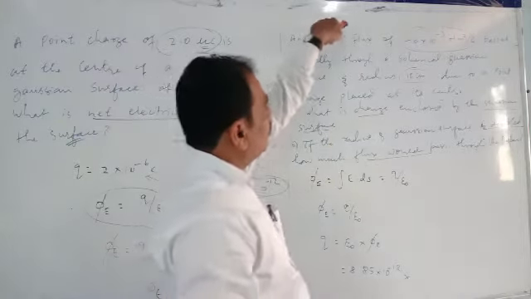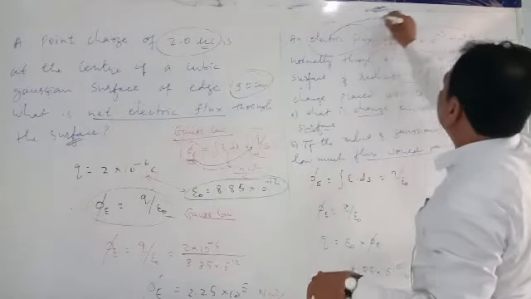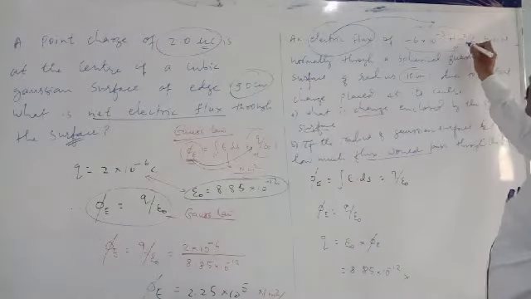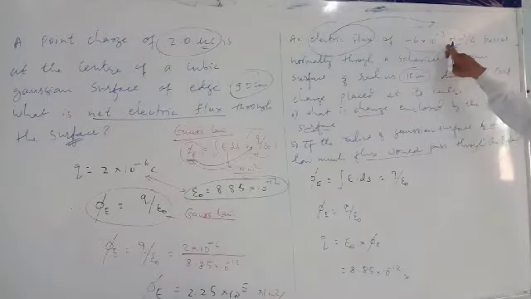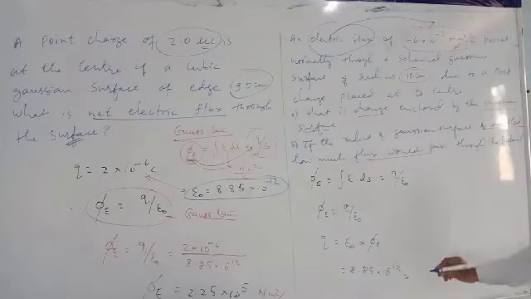How can we identify flux? Here electric flux is given, and flux is always measured in Newton meter square per Coulomb. The flux value given to us is minus 6 into 10 to the power minus 3 Newton meter square per Coulomb.